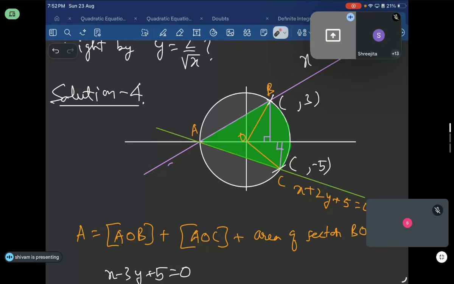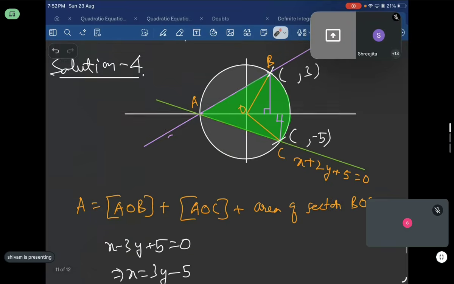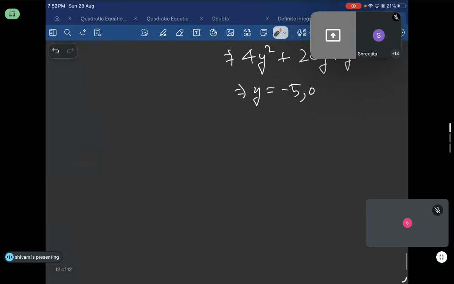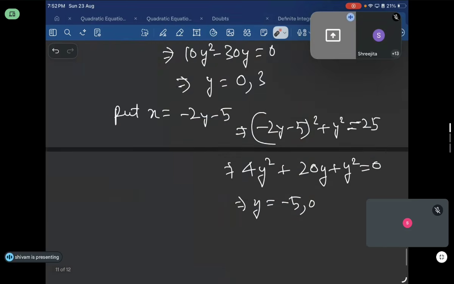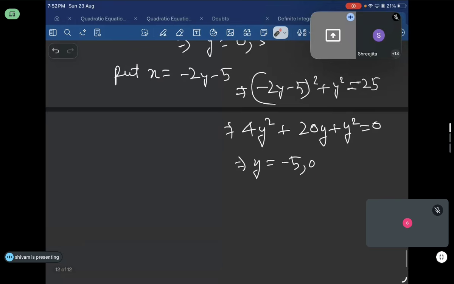So let us find out the angle at the circumference, angle BAC.